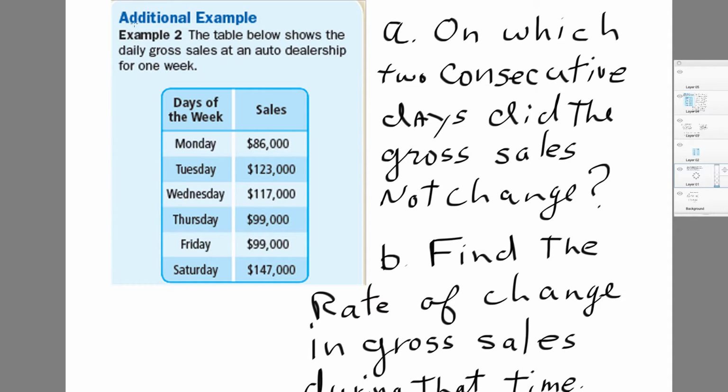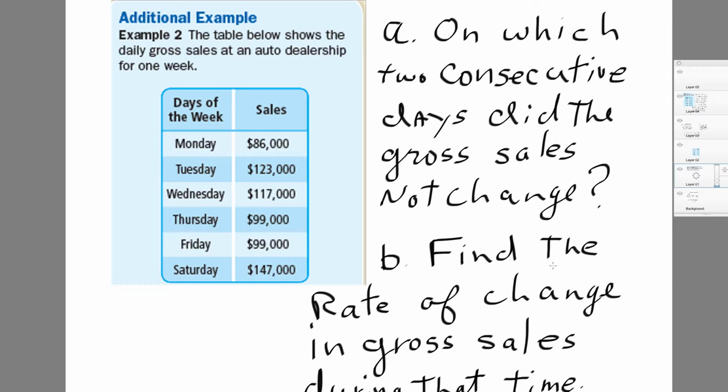Okay, for additional example 2, the table below shows the daily gross sales at an automobile dealership for 1 week. So we got Monday through Saturday, how much sales they had. And our first question is A, on which 2 consecutive days did the gross sales not change? We take a look at that, and where did it not change in consecutive days? Well, that's pretty easy. It's right here at this Thursday, Friday, 99,000.